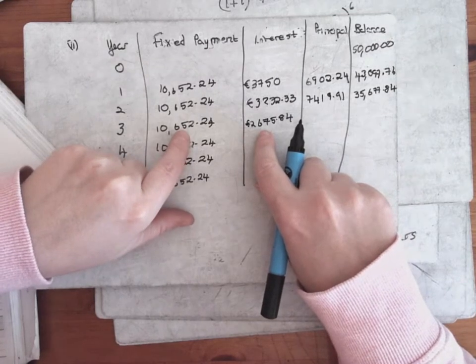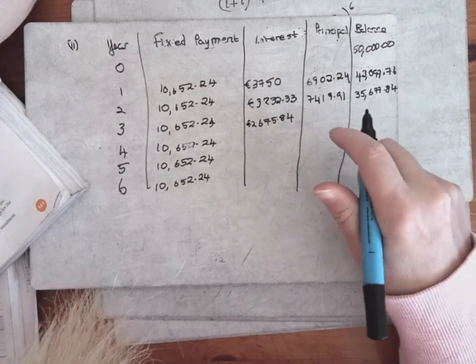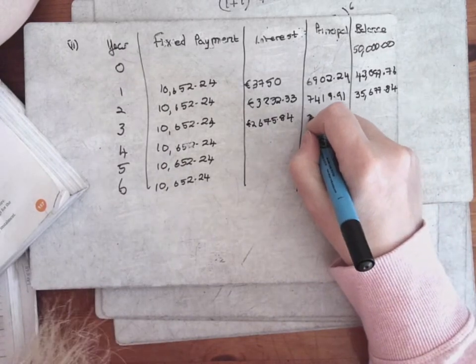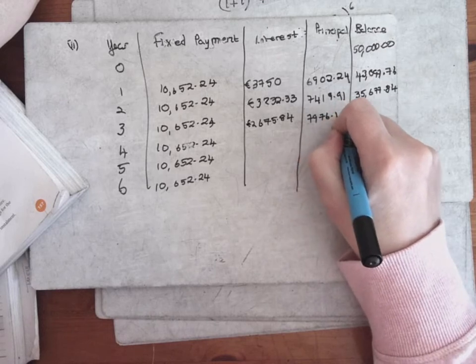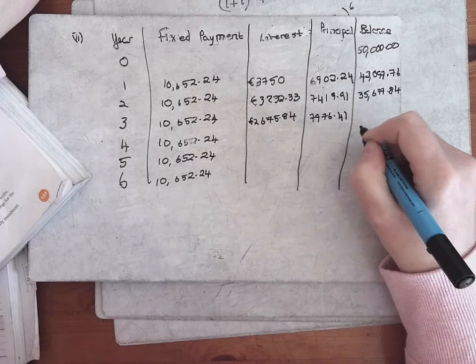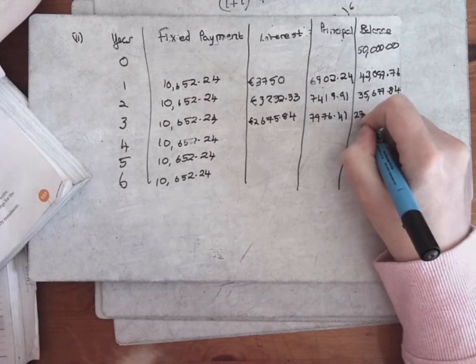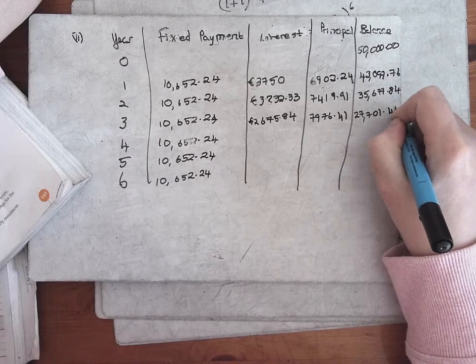You take 10,652 and take away 2,675, and that leaves 7,976.41. That's how much comes off the loan. So her loan is only 27,701 euros and 44 cents.